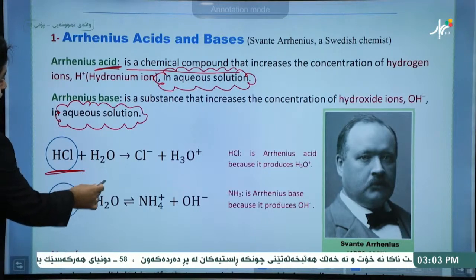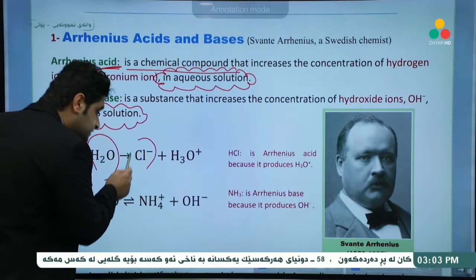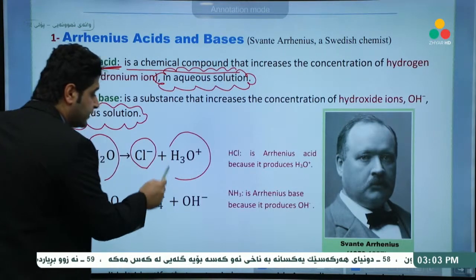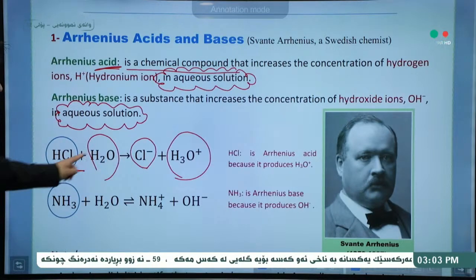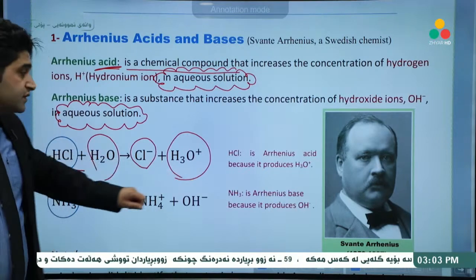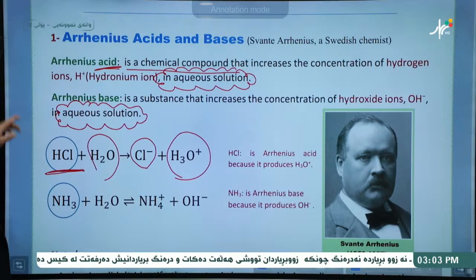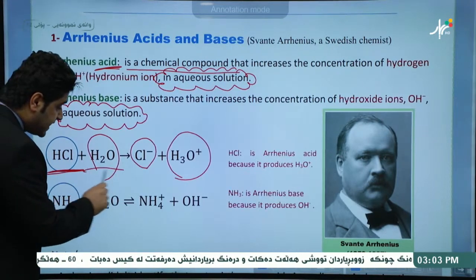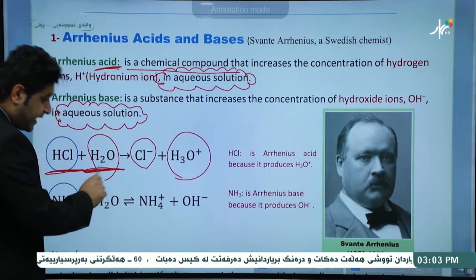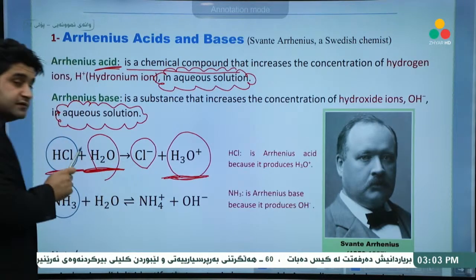If we put HCl into water, it will produce Cl- and hydronium ion. Oh, it increases the hydronium ion concentration. So that means it's an Arrhenius acid. Why? Because of the first condition, it's an aqueous solution, and then it increases the hydronium ion.